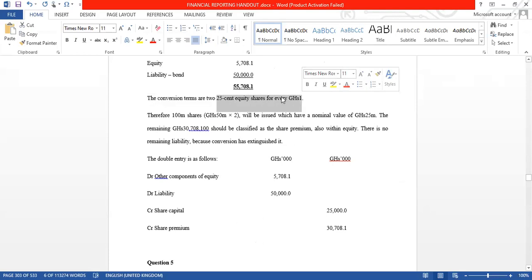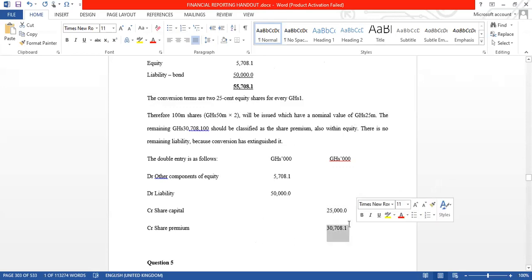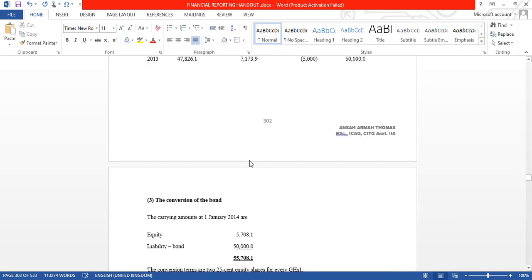And then we get the stated capital that they are coming in with. So it's 25 pesos. You multiply it by the new number of ordinary shares that will be coming in. That one will give you 25 million. The remaining is something that is on top of the share. So if they go ahead to convert, this is how you go around it. All right, so go through it, learn more about it, and you will be fine.